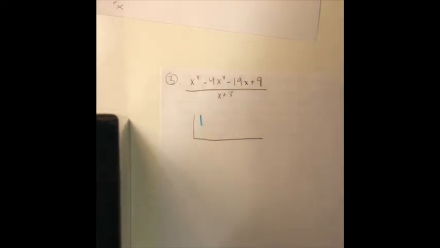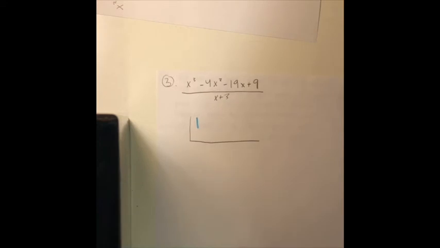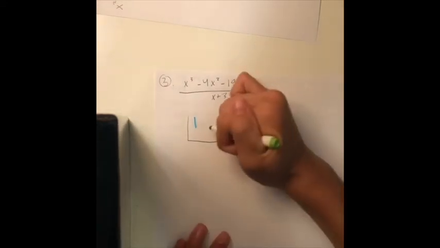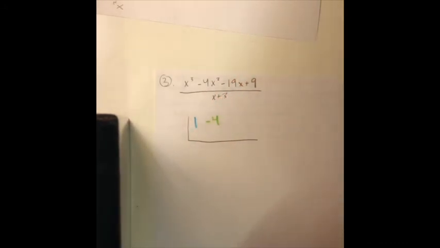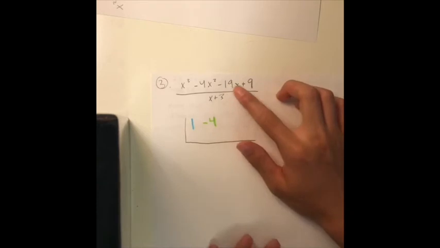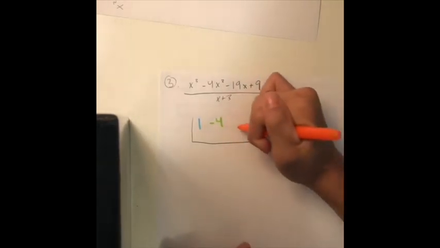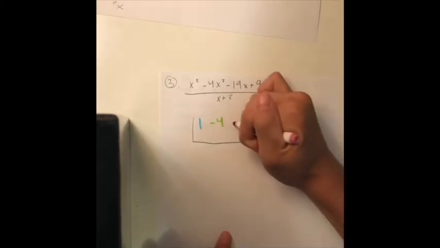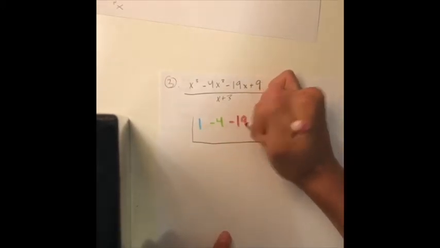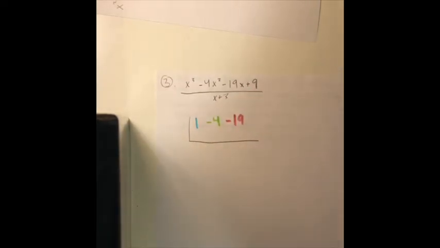Now the x squared, the coefficient's -4, so we're going to write -4. Now the x's coefficient is -19, so we're going to write -19. And this is just 9, obviously, so we're just going to write 9.